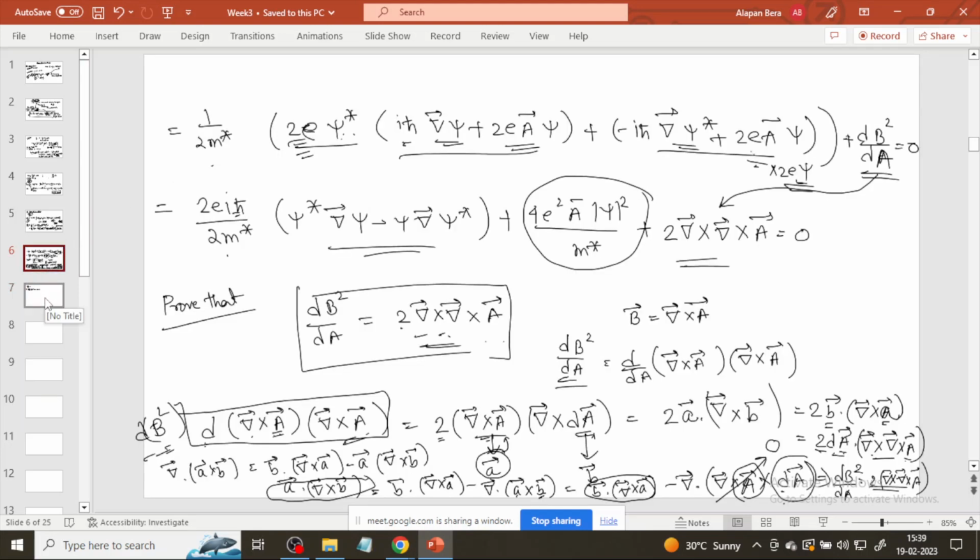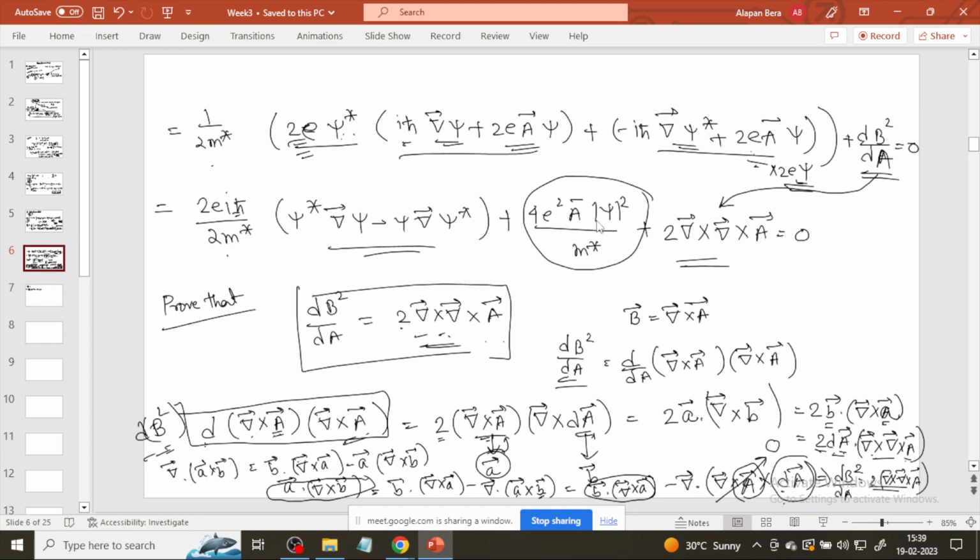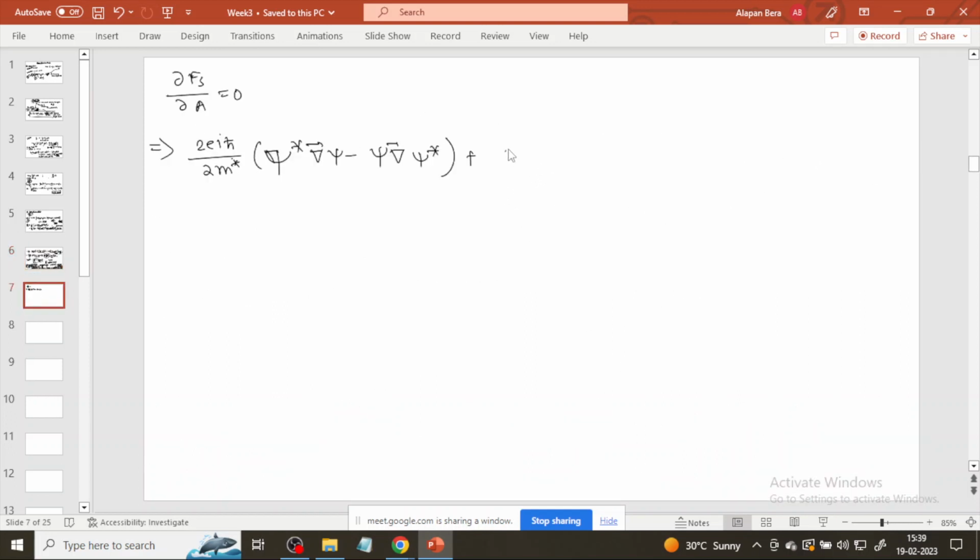Okay. And then plus 4e, this vector potential A times psi star by m star, 4e square A mod of psi square by m star, and then we put this equation also.